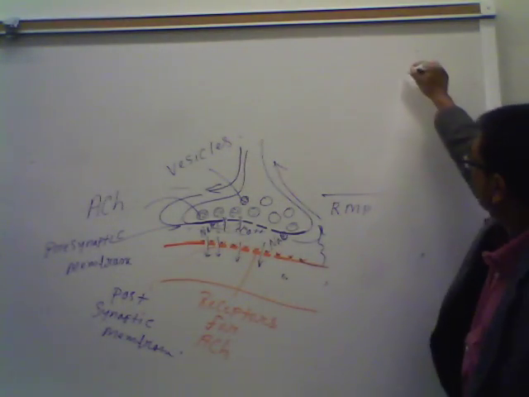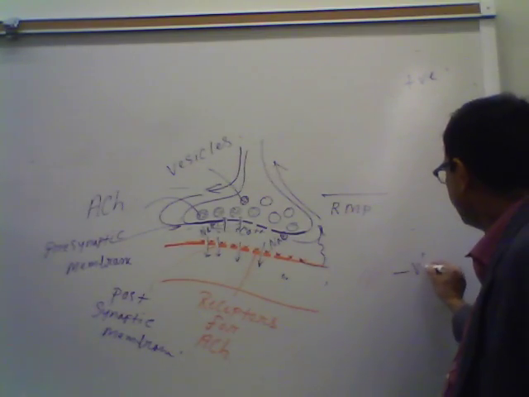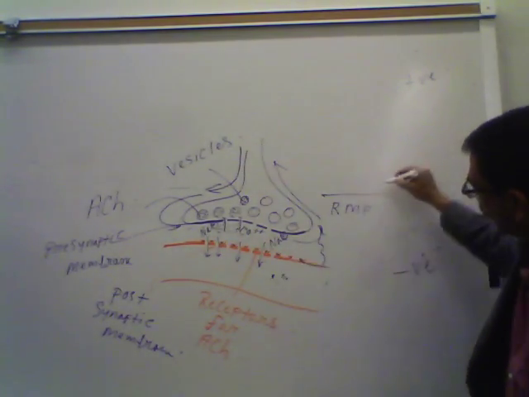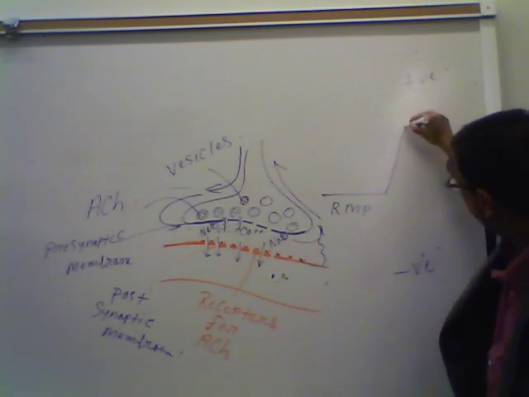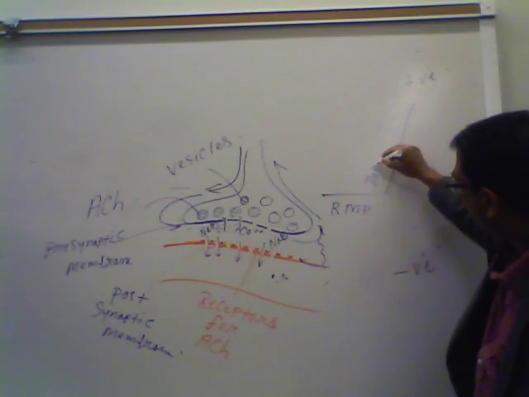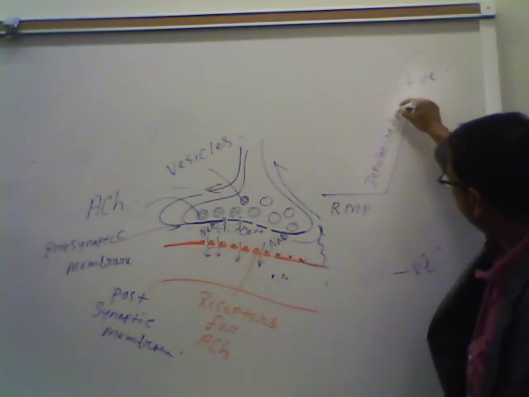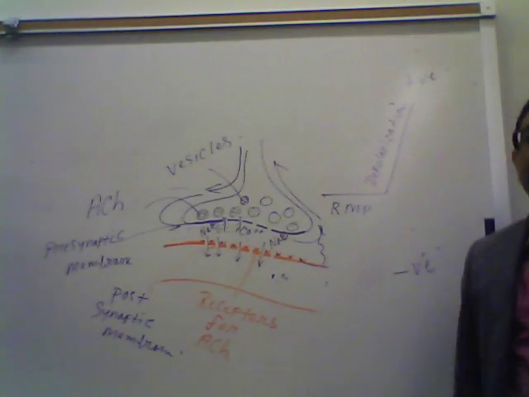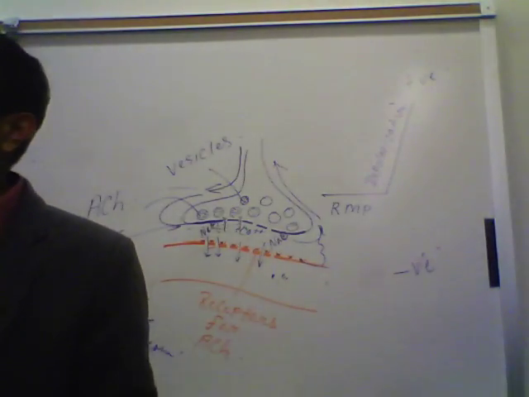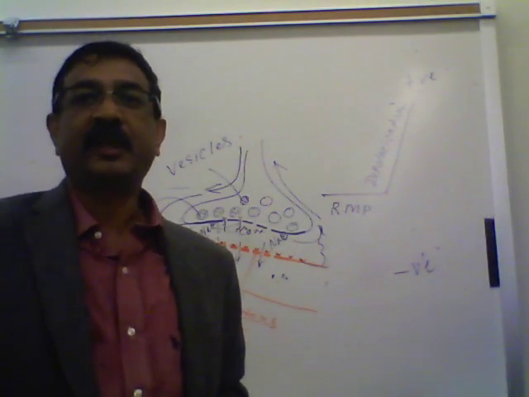This way I draw positive, this way negative. When sodium gets in, I am measuring inside, so inside will move towards positive. That is called depolarization. Probably you have heard this before. Very important process. Depolarization occurs due to the influx of sodium, or entrance of sodium inside the muscle fiber.